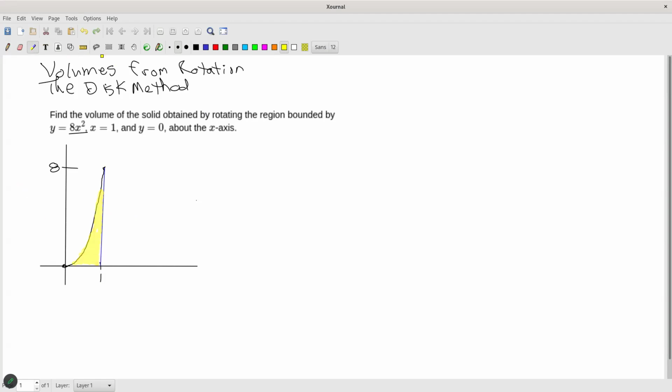And I want to rotate that sucker about the x-axis. So when I do that, I'm going to get a shape that looks kind of like this. Let's draw it off to the side to the best of my ability. Let's see, we use blue. It'll be flat on that side, and then it will be parabolic, having a peak maybe right here.